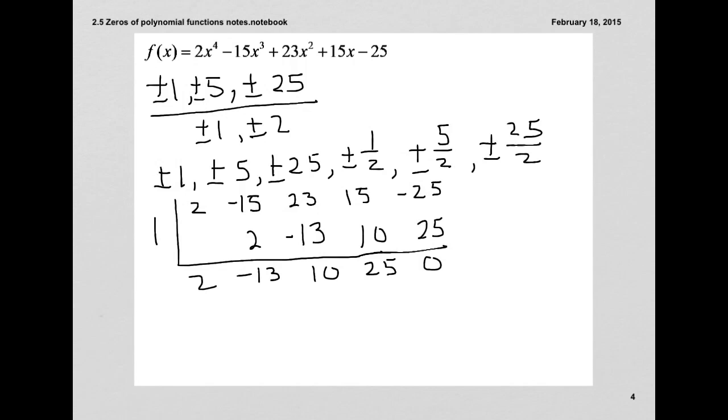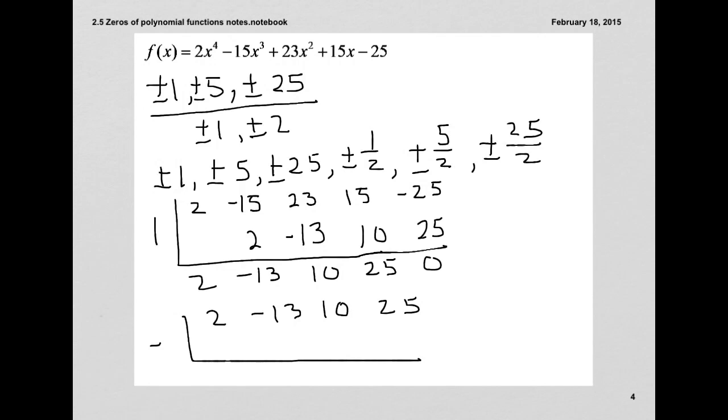Well, I can't factor yet because what's left is a cubic, so I have to use synthetic division again. I use the last coefficients that I have, 2, negative 13, 10, 25. Okay, since 25 is the constant and 2 is the leading coefficient, my possible roots are still the same. I'm going to go ahead and try a negative number this time because it said that I had one negative root.